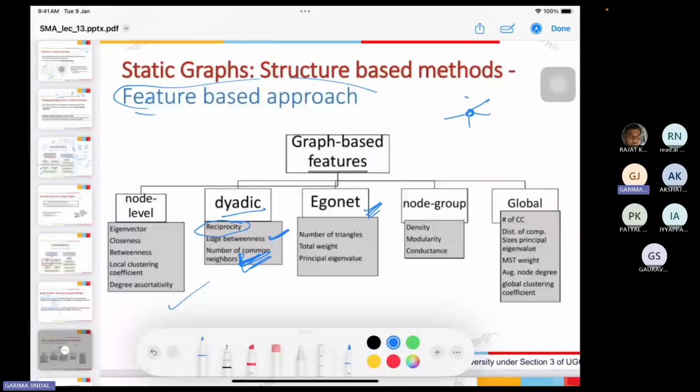This central node, the node that we have selected, is called the ego. Now we consider the network of all the nodes that are connected to it. For example, these are the four connections that this particular ego has, and we also consider the network between its neighbors.